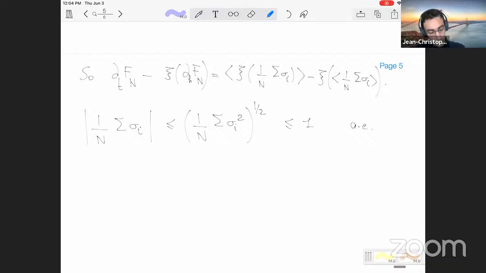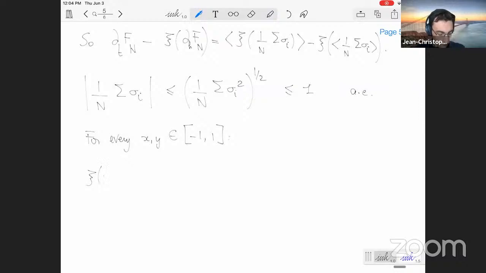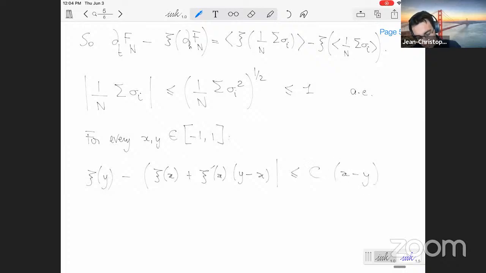So the function psi is smooth. So for every x, y between -1 and 1, I can approximate the psi function by its tangent at x. And when I do this, I make an error of quadratic size, because the psi function is smooth.